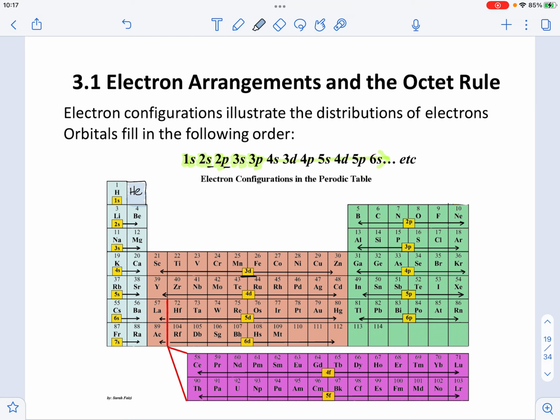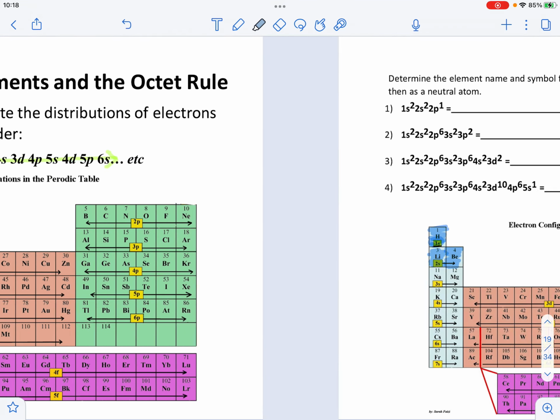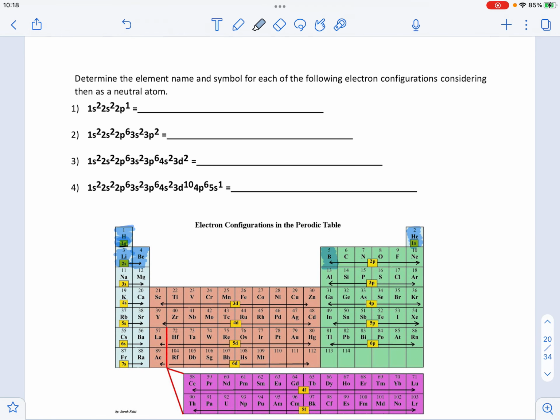Now, when it comes to what do I need to know in terms of electron configurations? If you are given an electron configuration, I want you guys to know, how do I determine which element I'm talking about and the symbol of the element?